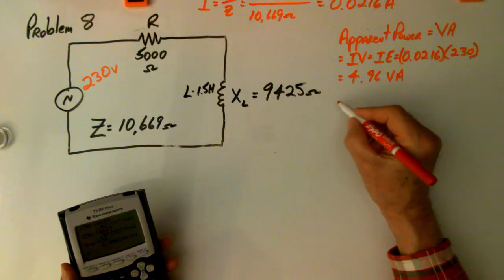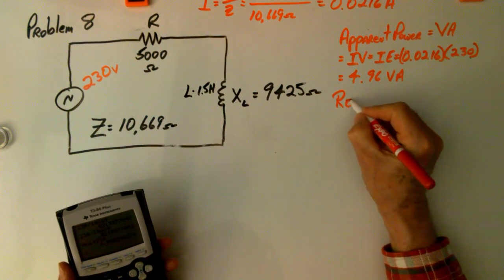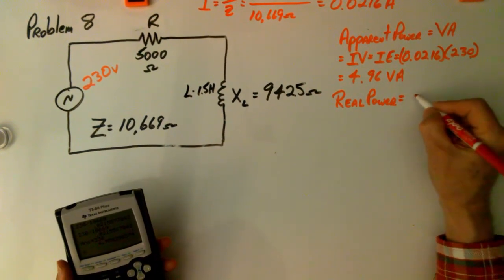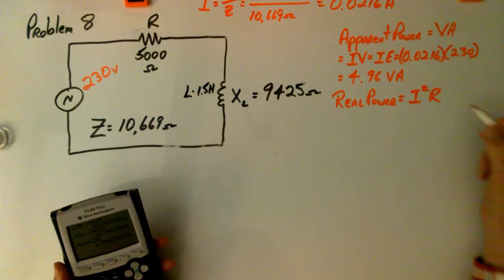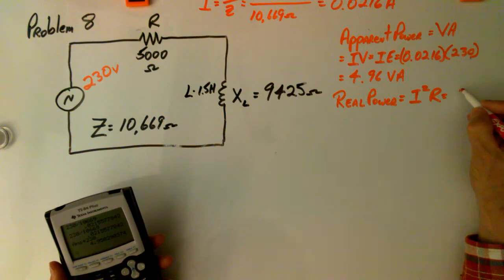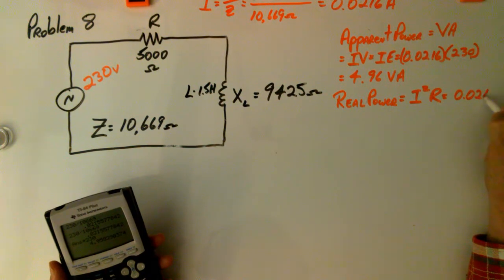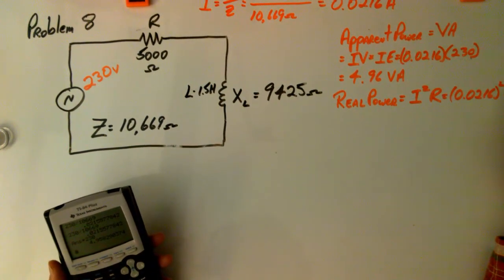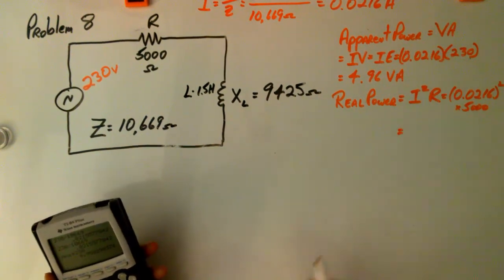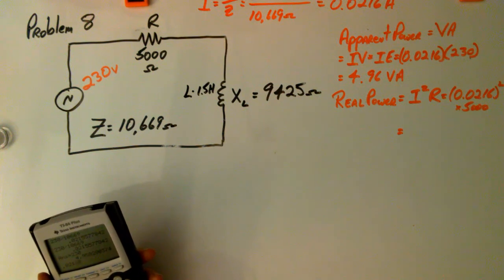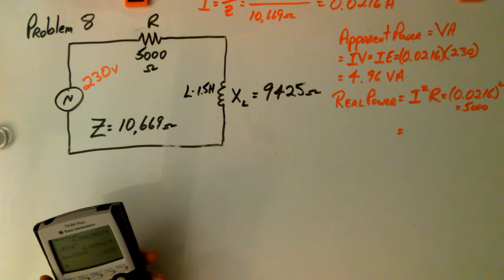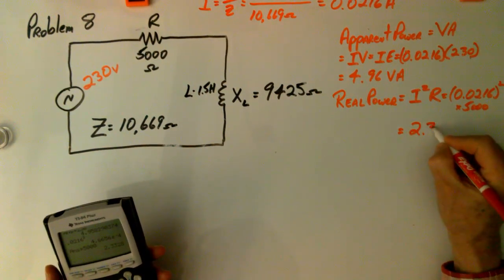So we'll say for this particular circuit, real power is equal to I squared times R, because that's the power produced by the circuit, and that's equal to 0.0216 squared times 5,000 ohms, and I get 2.33.